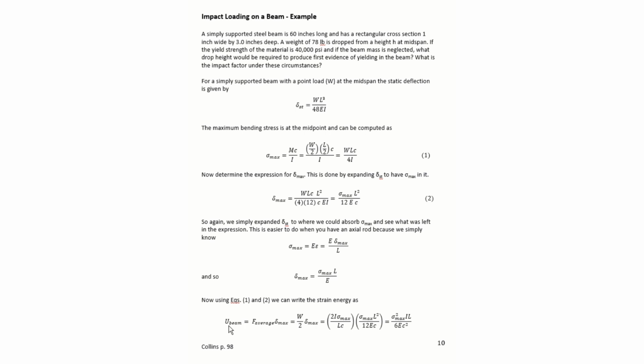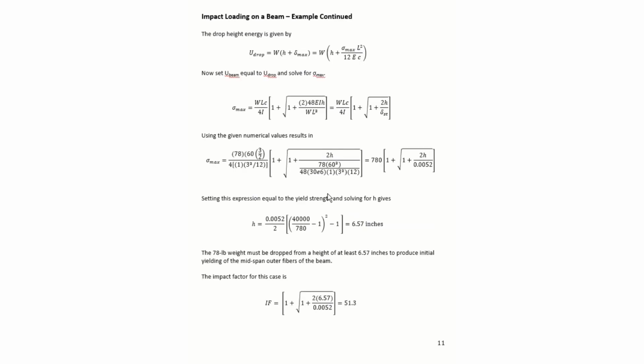For this beam we get sigma max squared IL over 6Ec squared. This is the strain energy in the beam due to dropping the weight on the beam. I won't expect you to come up with these strain energy equations, but we ought to have a feel for where they come from and how they're derived and developed.